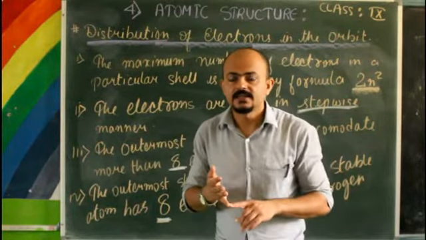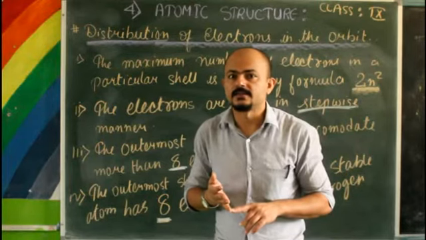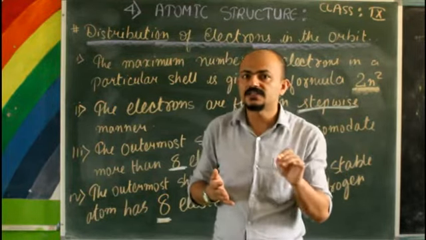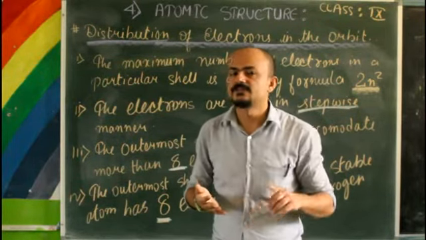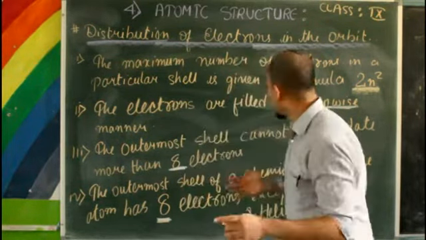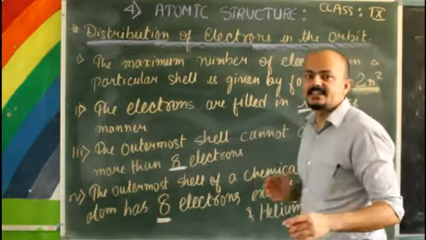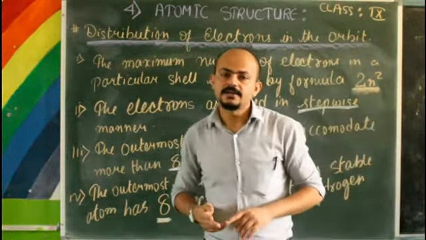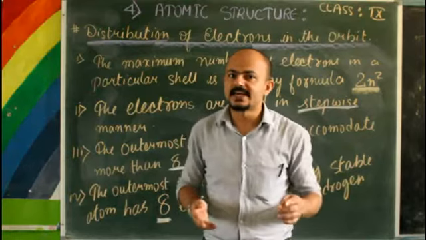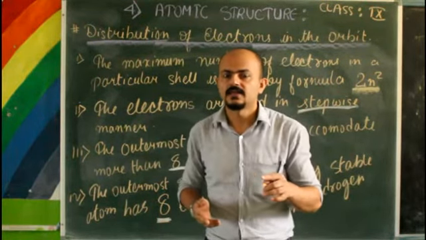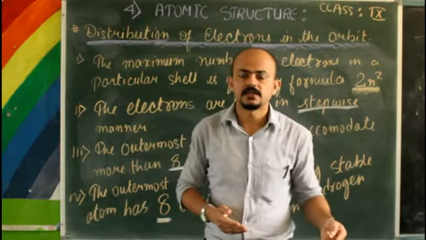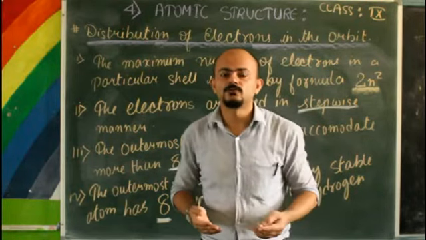So for K shell the value is 1. The innermost, if there is only one shell in an atom, then that is K shell, and the value of n for K shell is 1. Similarly, if it is L shell, that is the second shell, which we have already discussed, then the value of n would be 2.